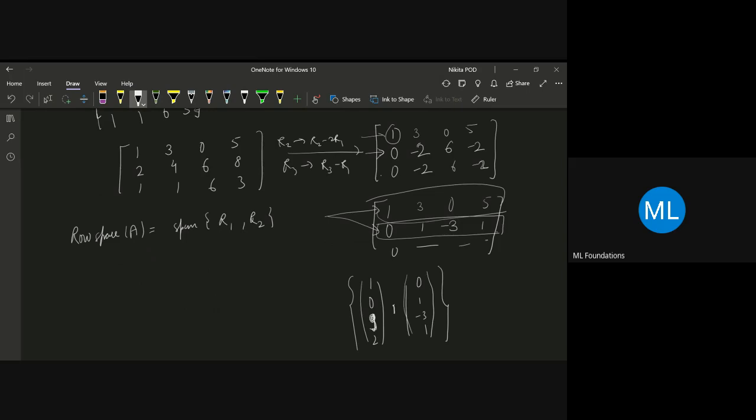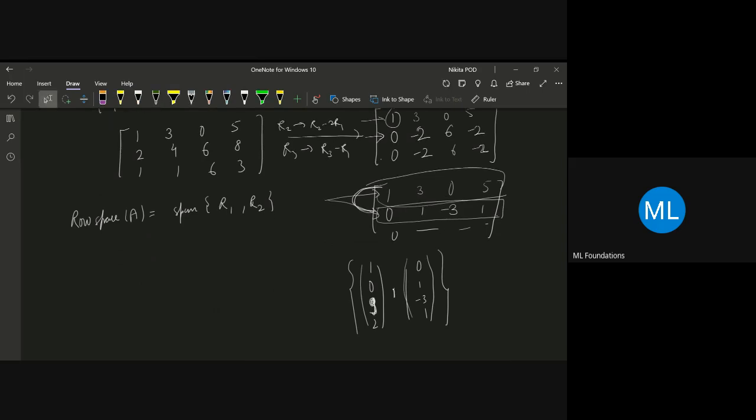Because they are definitely linearly independent, these two rows, we can write the span of these two rows as the row space of A. It is okay, I think. There is no error over here. One times the vector (1, 0, 9, 2) plus 3 times the vector (0, 1, -3, 1) gives row 1, ma'am.